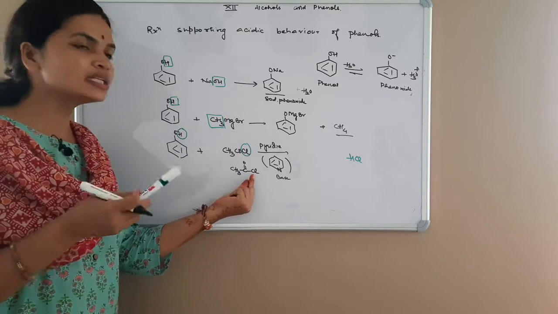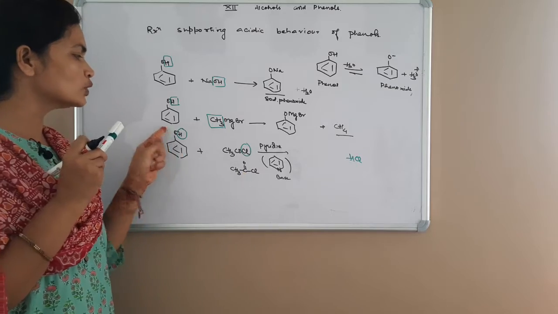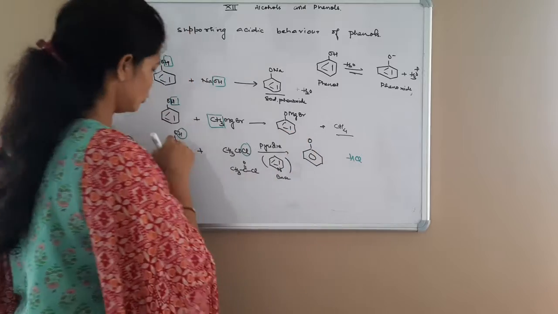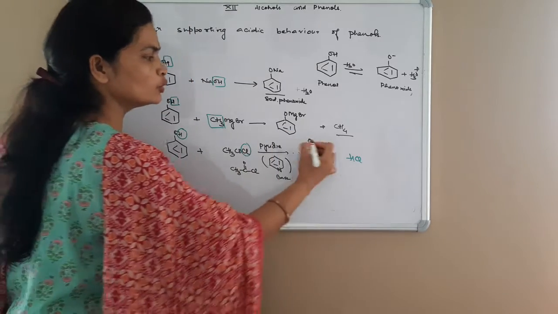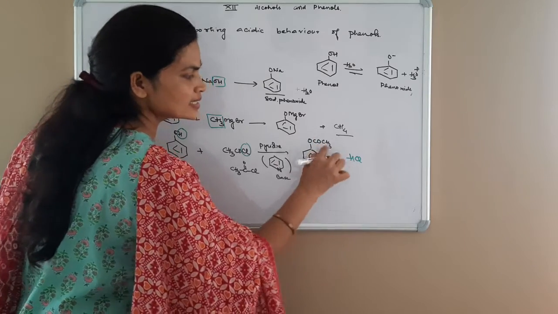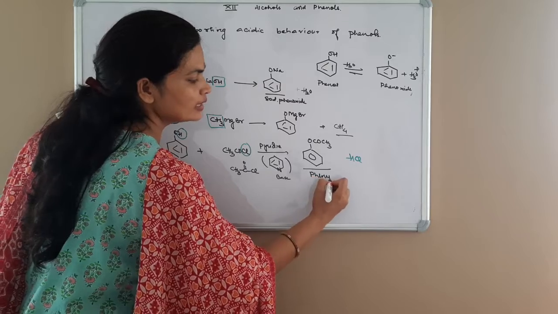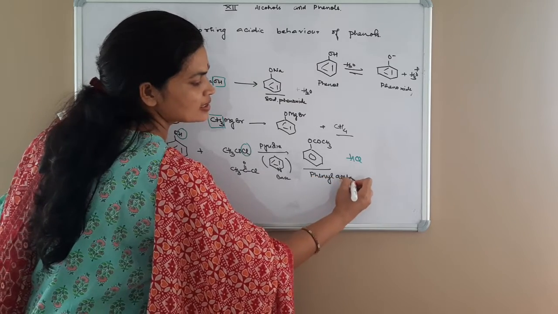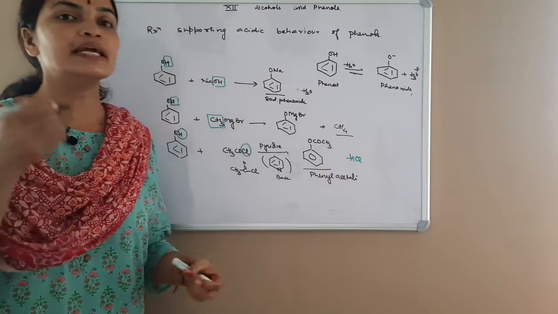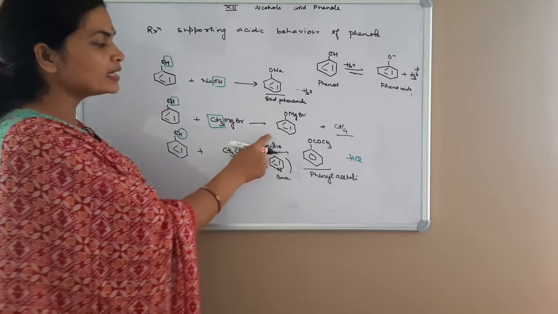So when this is gone in the form of Cl negative, this carbon combines with oxygen and it forms O, this oxygen, and then C double bond O. So COCH3, and name of this compound is phenyl acetate. This is the common name. If you write its IUPAC name, this is phenyl ethanoate, right beta? So this is the product. What is the role of pyridine over here?